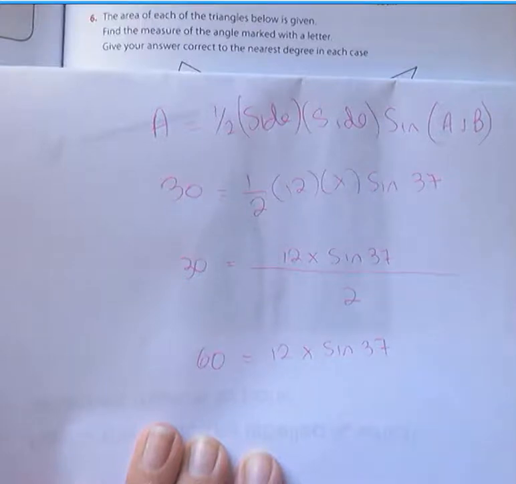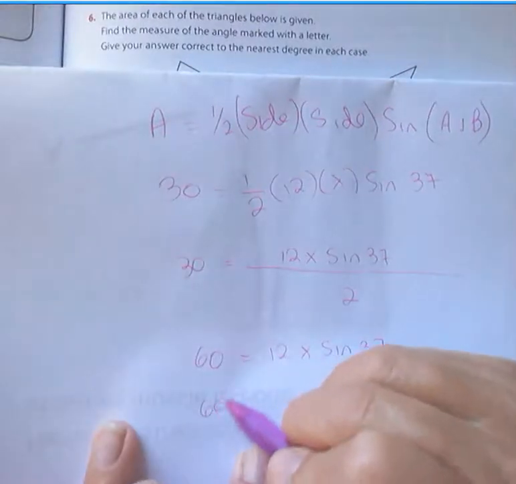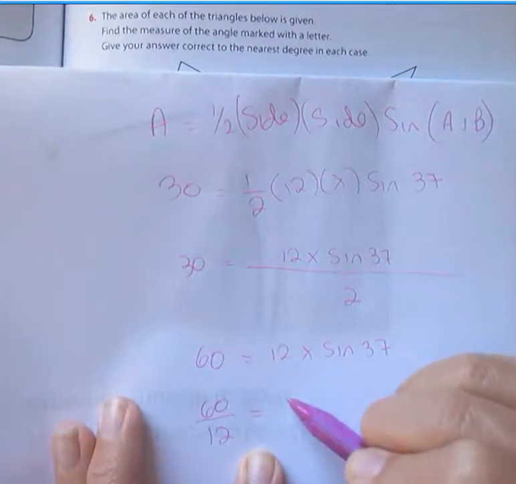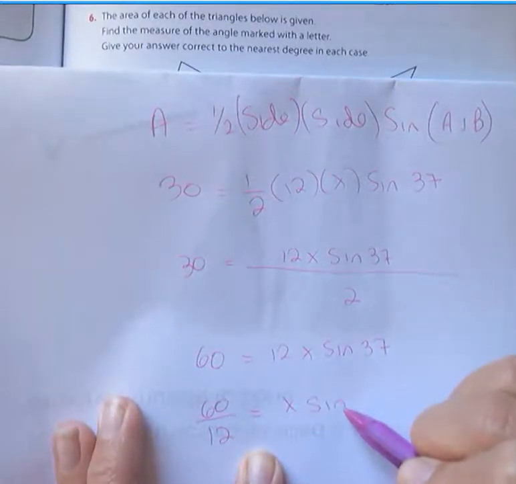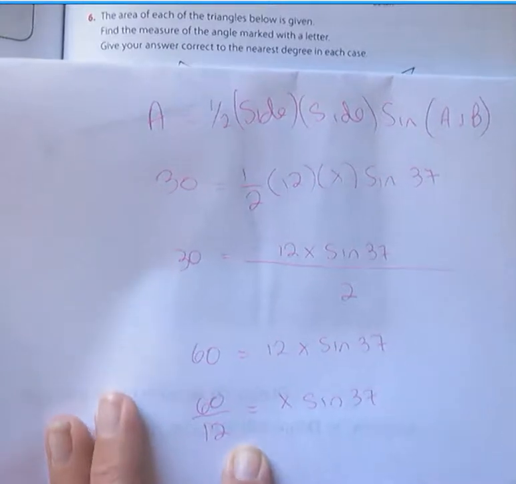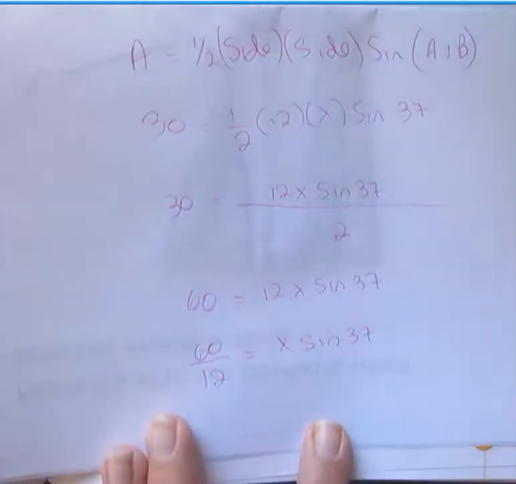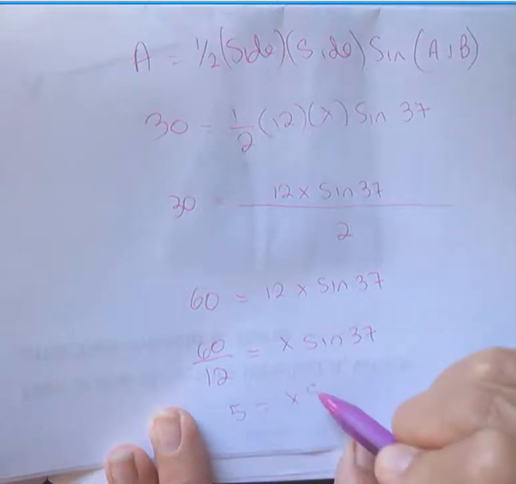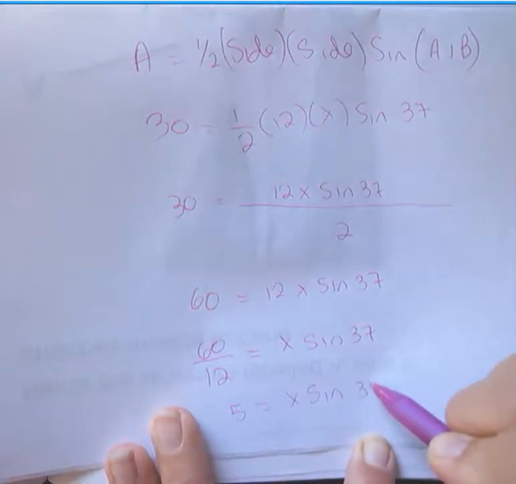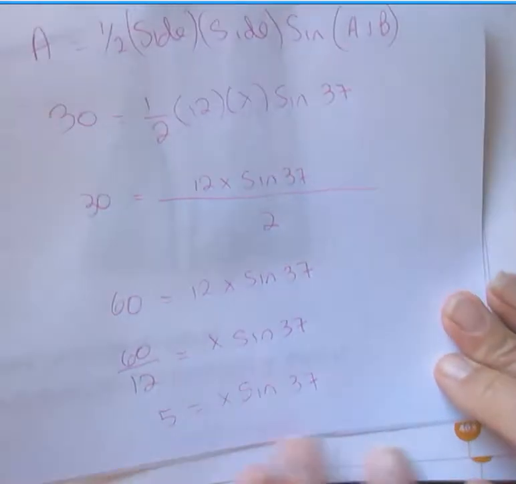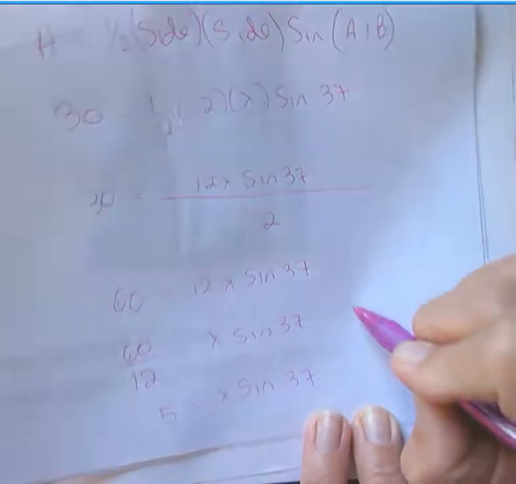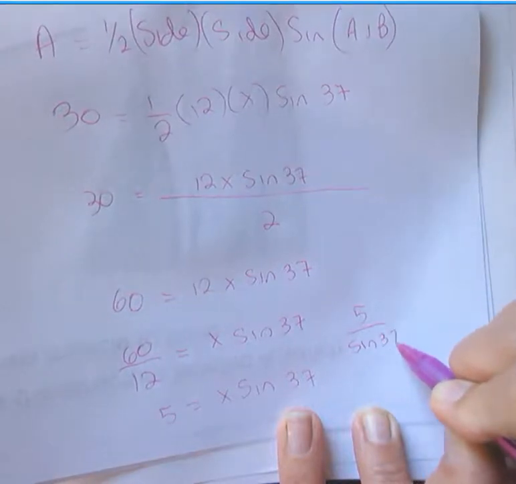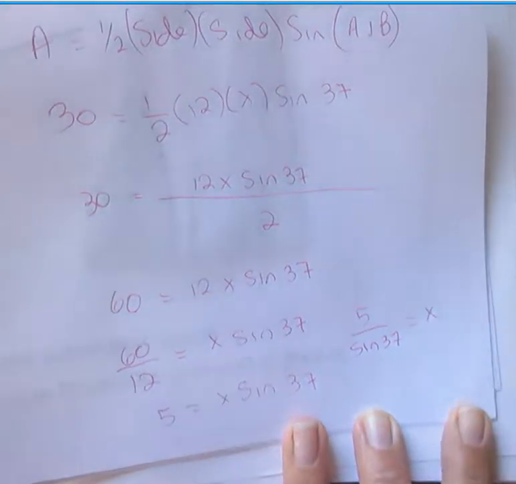If we do it in steps, you could have 60 divided by 12 is equal to x sine 37. So 60 divided by 12 is equal to 5. So you'd have 5 is equal to x sine 37. And then we want the x on its own, so we would have 5 divided by the sine of 37 equal to x.